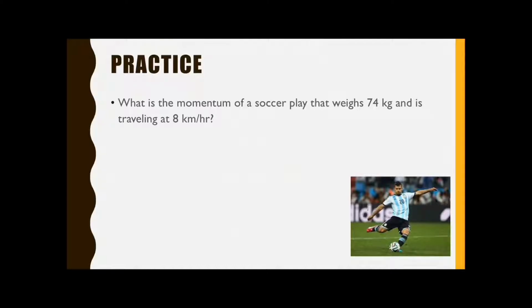What is the momentum of a soccer player that weighs 74 kilograms and is traveling at 8 kilometers per hour? Okay. So remember, our equation is P equals m times v. Well, we're looking for P. We know our mass, that's 74 kilograms. And we know our velocity, that's 8 kilometers per hour.